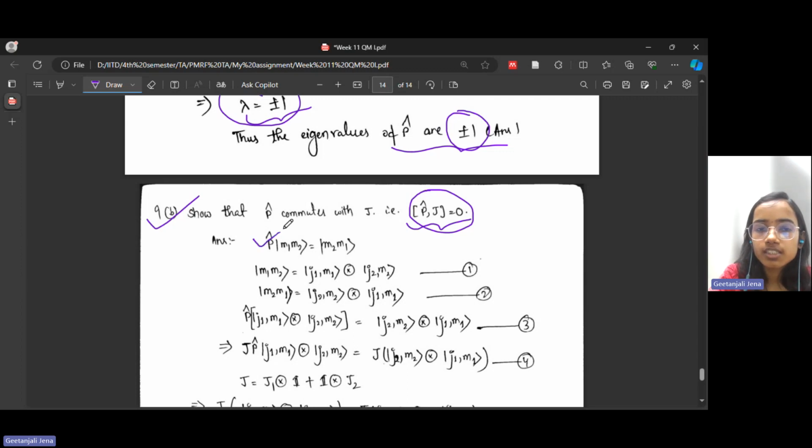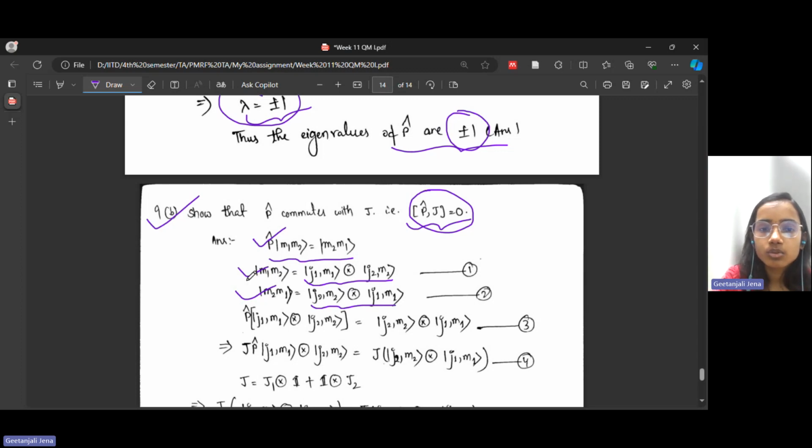When P acts on M1 M2, which is already given to you, you will get M2 M1, right? And M1 M2 you can write as J1 M1 tensor product J2 M2, and M2 M1 you can write as J2 M2 tensor product J1 M1.